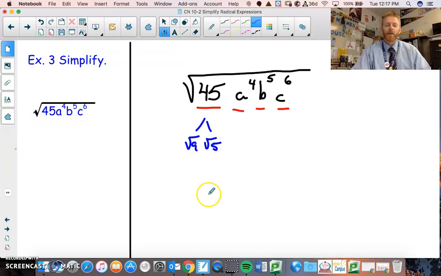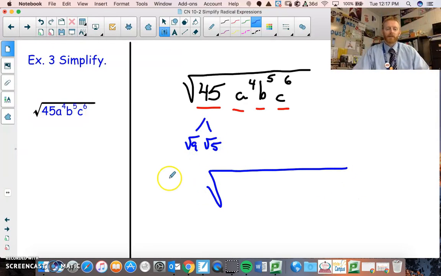So a 45 can be broken down into a square root of 9 and a square root of 5. My final answer is going to have the square root of 9, which is 3, so I'm taking a 3 and bringing it to the outside. And the square root of 5 is still gross, so it stays on the inside. Now the next part we're looking at is the a to the 4th. A to the 4th is an even number, so it just comes out as a to the 2nd, and there's no a's left in.